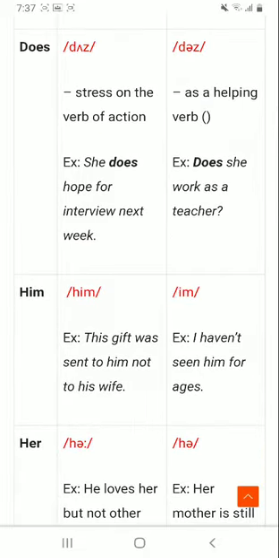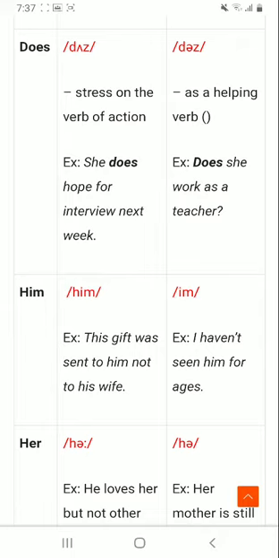Next, him. The word him. This gift was sent to him, not to his wife. When it comes strong, when I approach straight to that person, it comes in the strong form.